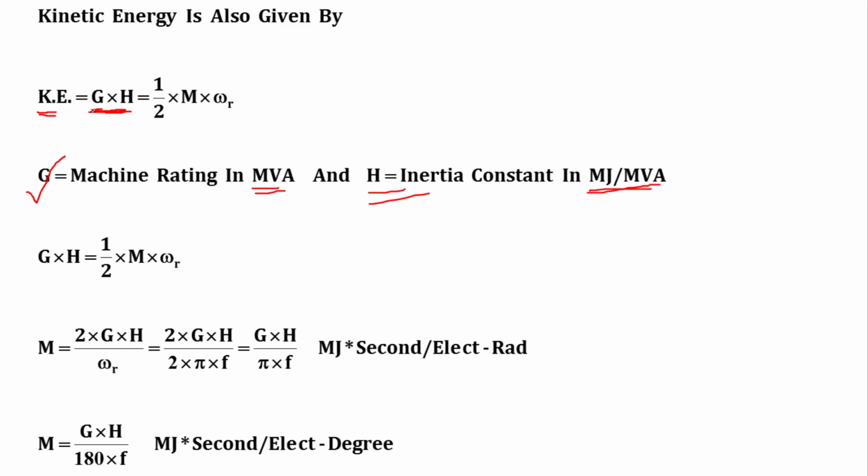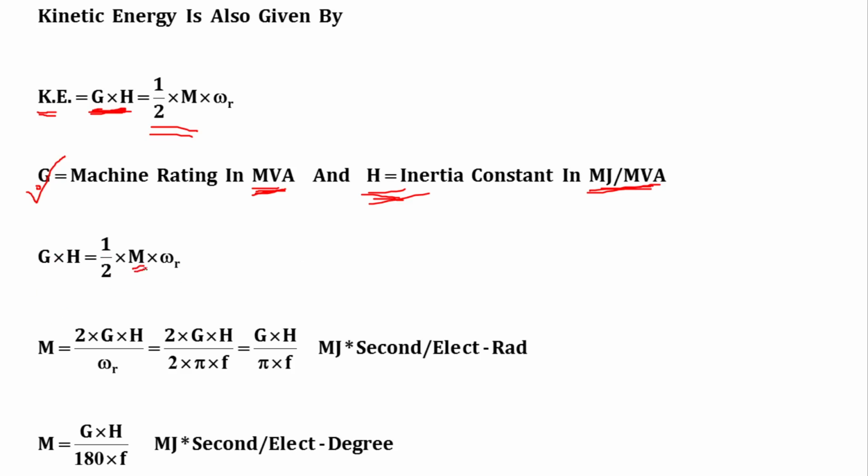So we can compare these two equations. G into H is equal to 1/2 M omega r. Please make a note that G is the machine rating in MVA and H is the inertia constant in megajoule per MVA.